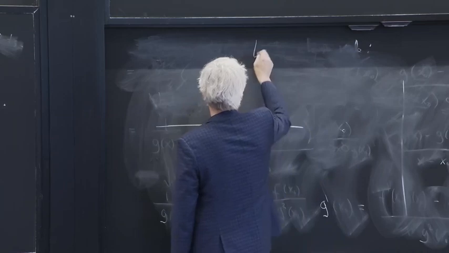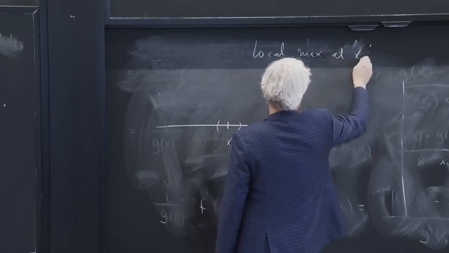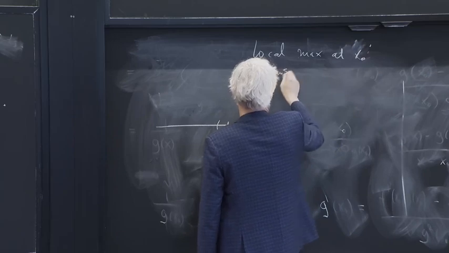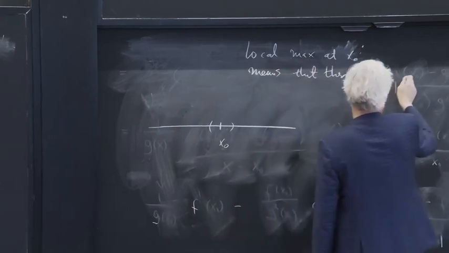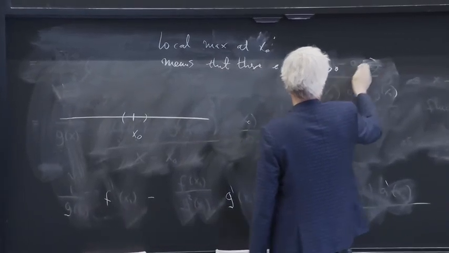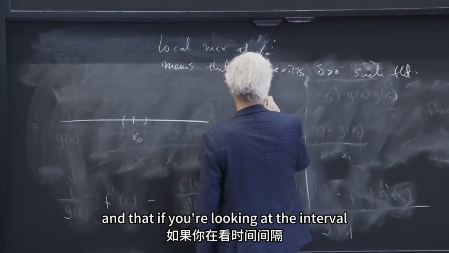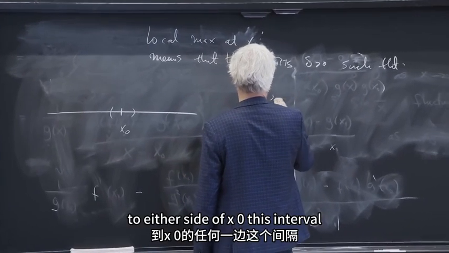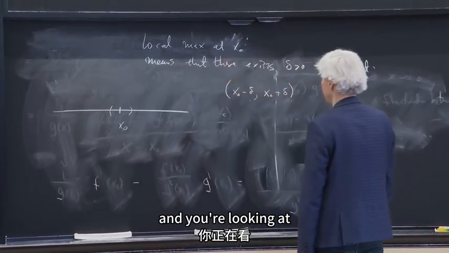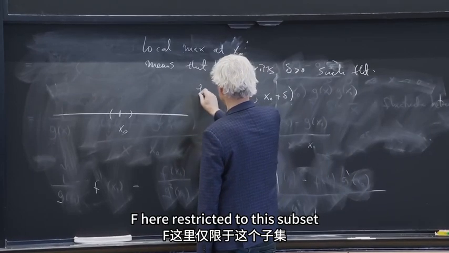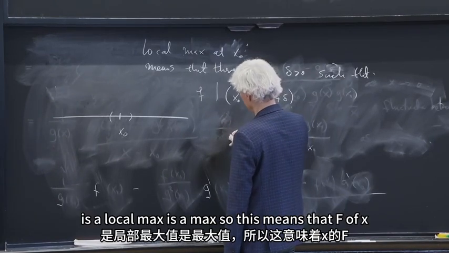So local max at x0 means that there exists delta greater than 0 such that if you're looking at the interval to either side of x0, this interval, and you're looking at f here restricted to this subset, then x0 is a max.